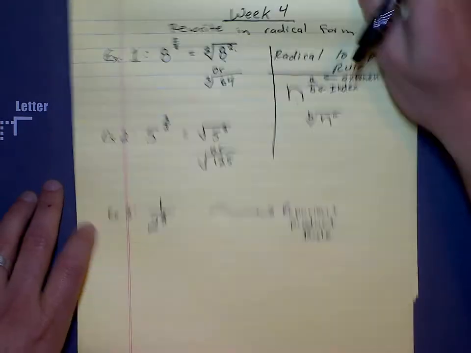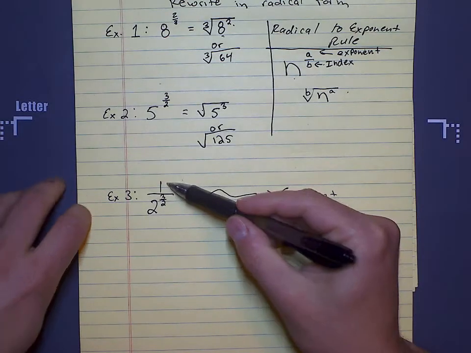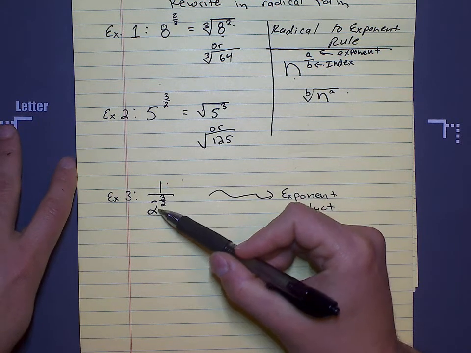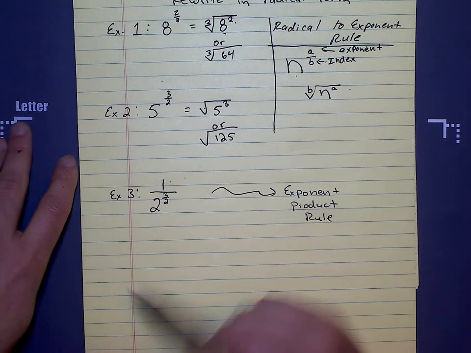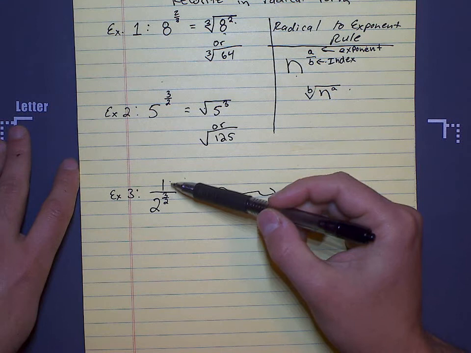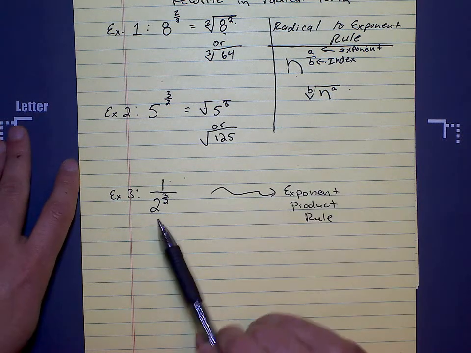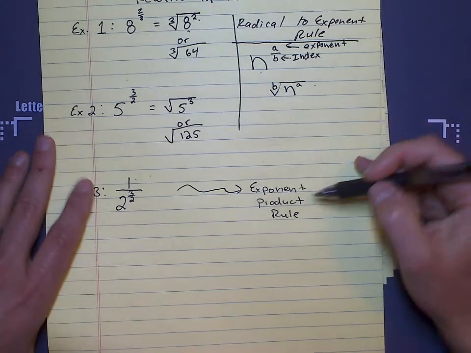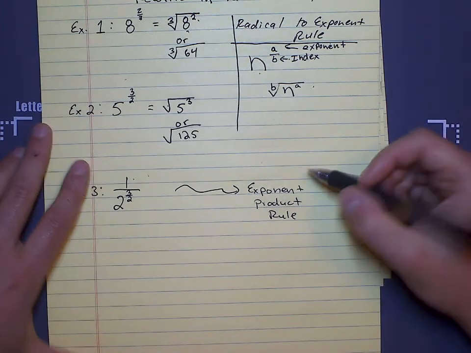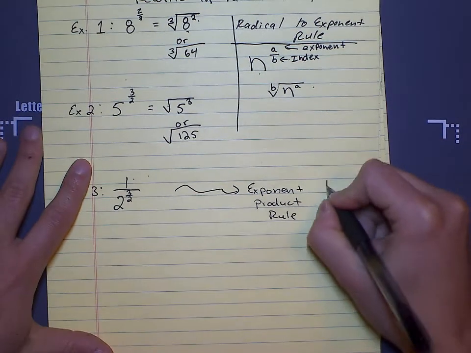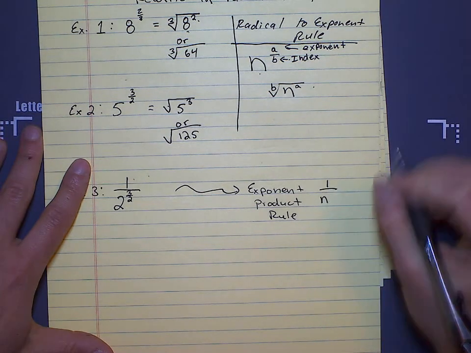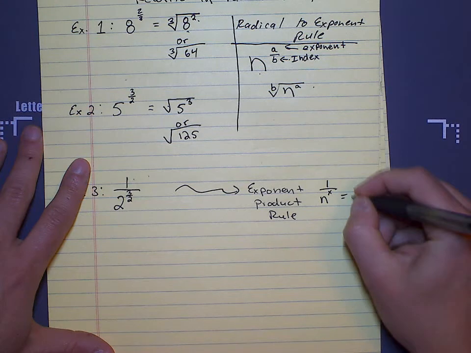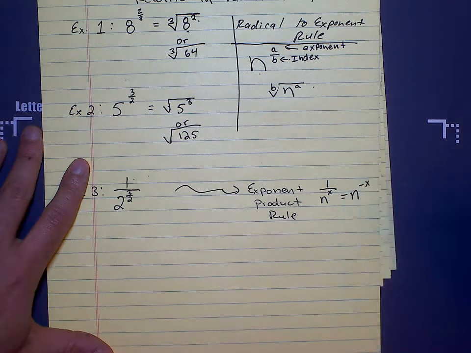In this last example, we're going to take 1 over 2 to the power of 3 over 2. So in this case, you got a fraction, and then the denominator here is also an exponent that's a fraction. Keep in mind from previous learning the exponent product rule, which says that 1 over n to the power of anything is also equal to n to the negative.